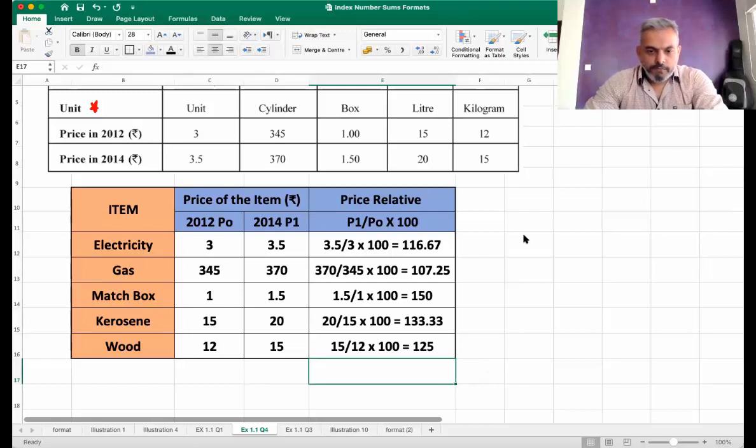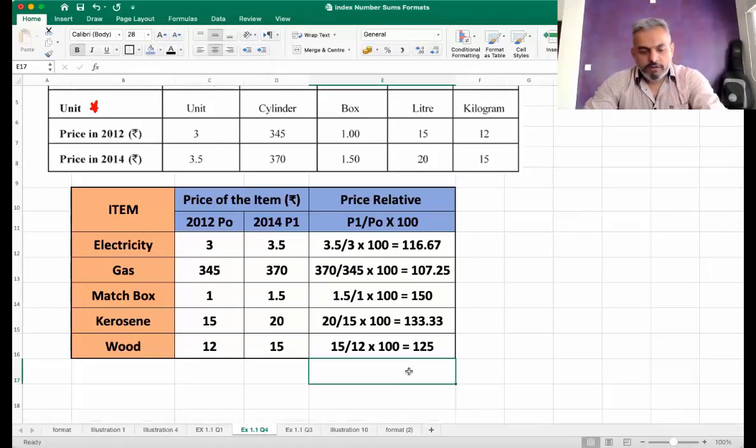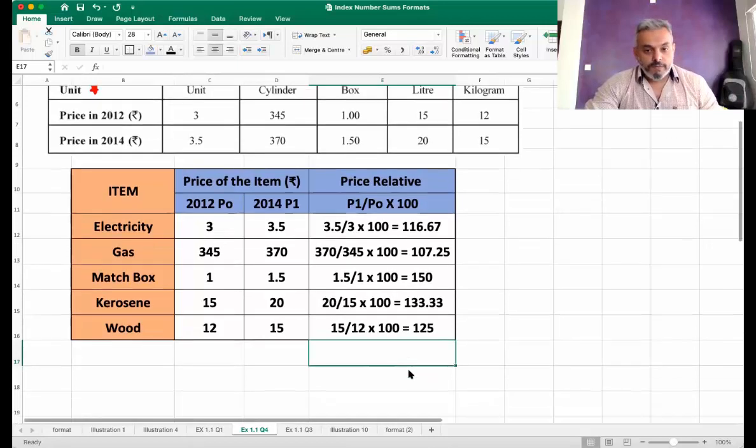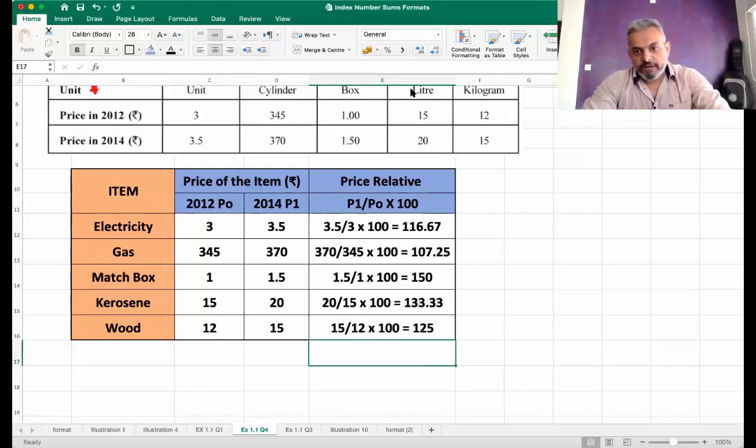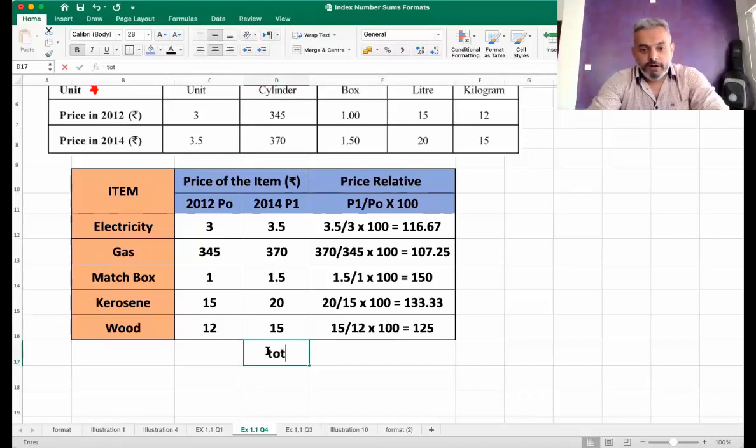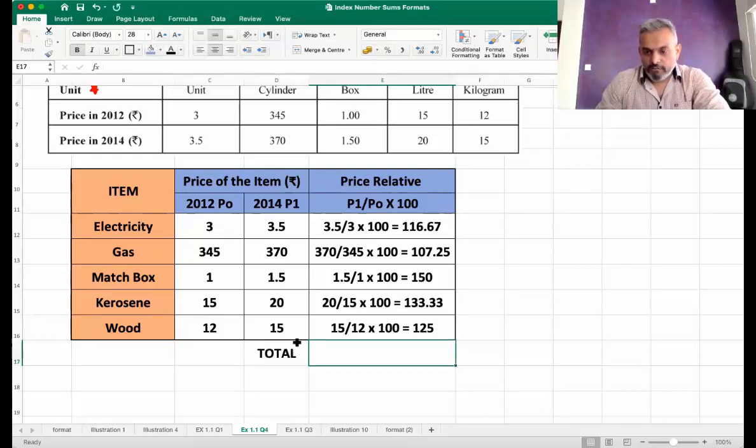Now we have got all the price relatives. Now we have to find general index number. So first thing is we have to do the total, which is sigma of P1 upon P0 into 100. So let me write total. So we do the total of all.